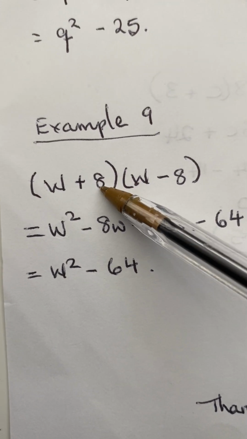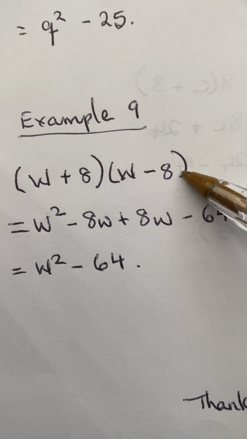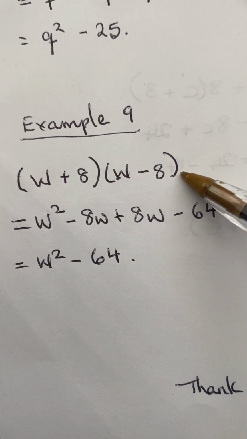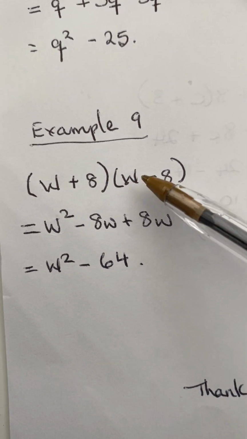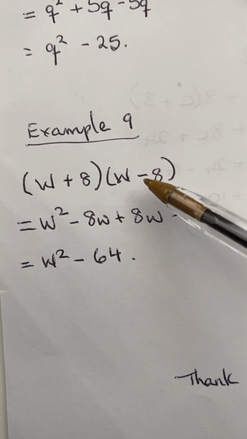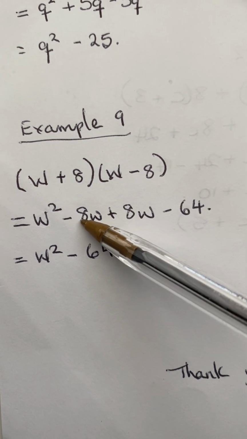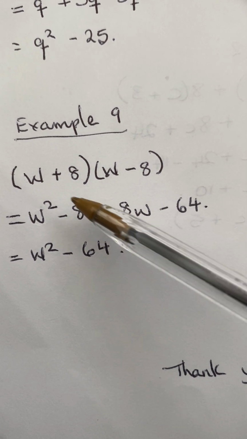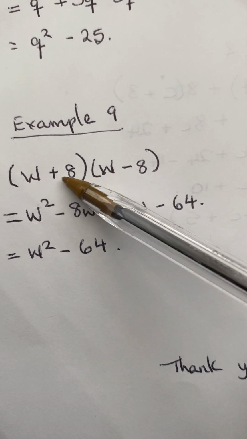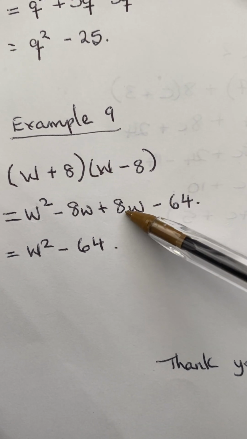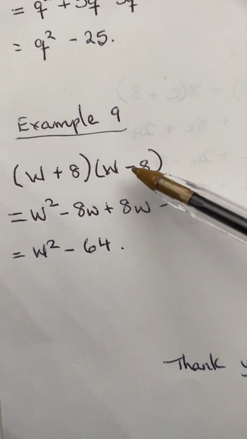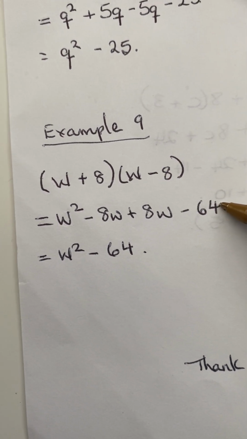So w times everything in this bracket. w times w is w squared. w times minus 8 is minus 8w, plus 8 times w is plus 8w, plus 8 times minus 8 is minus 64.